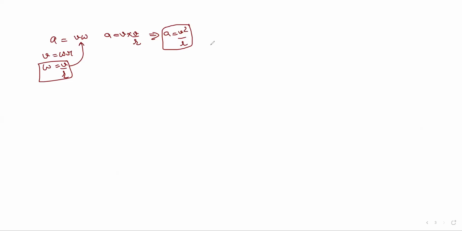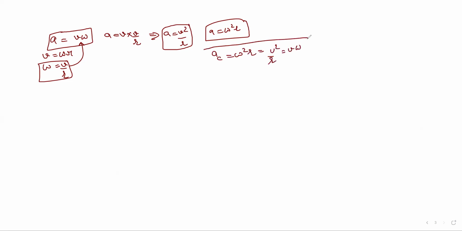So we have three relations: A is equal to V omega, A is equal to V square upon R, or A is equal to omega square R. So these are the three relations for the centripetal acceleration. We can represent it by AC also, centripetal acceleration. Fine.